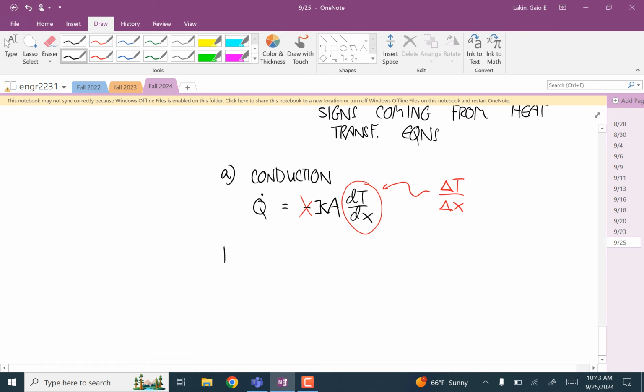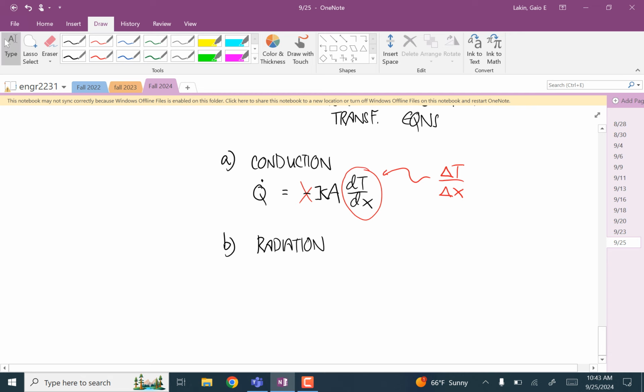The second one is radiation. And there's two of these. One says Q dot is equal to the emissivity times the Stefan-Boltzmann constant times the surface area times the temperature to the fourth.